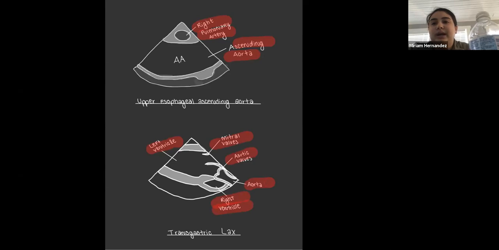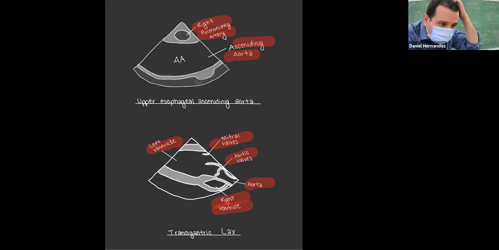And that's pretty much it for my images. Good. So again, anterior mitral valve leaflet, posterior mitral valve leaflet. The angle for the transgastric view is 120 to 140.